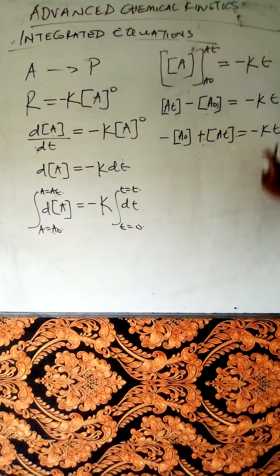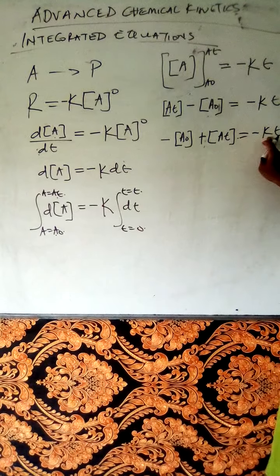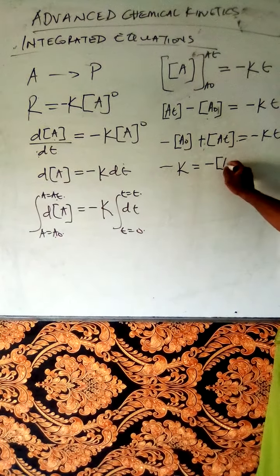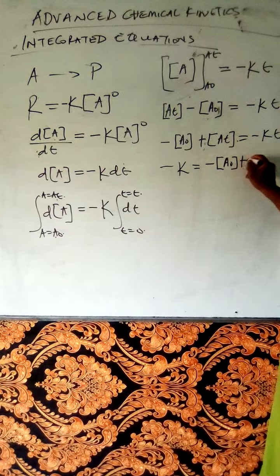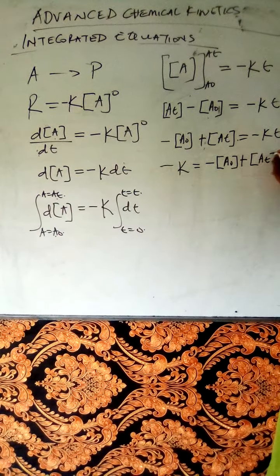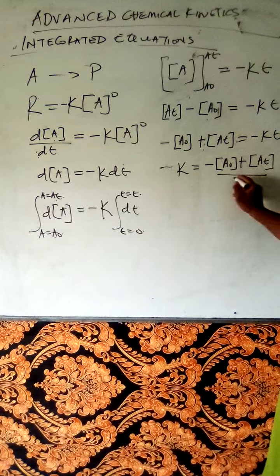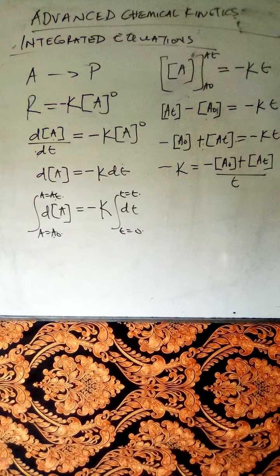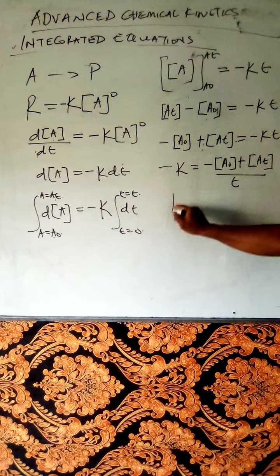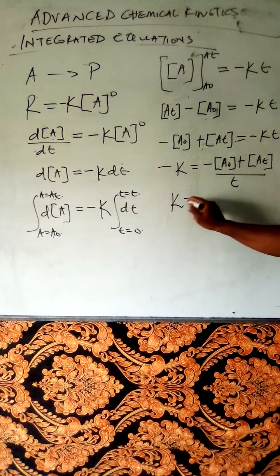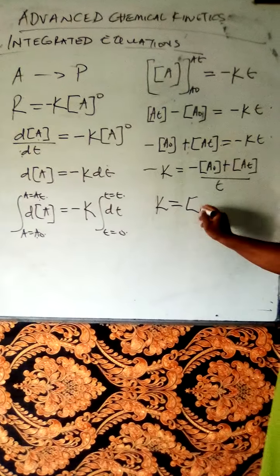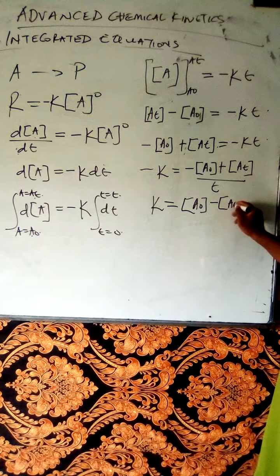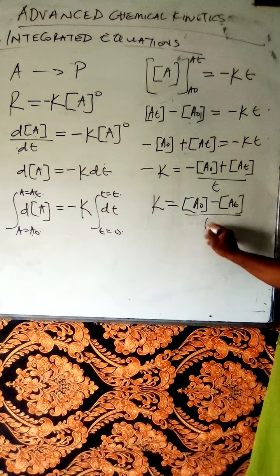Making minus k the subject, minus k becomes equal to negative A0 plus At all over t. Multiplying both sides by minus 1, I have k equal to A0 minus At all over t.